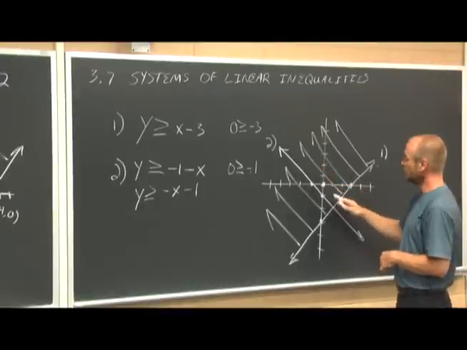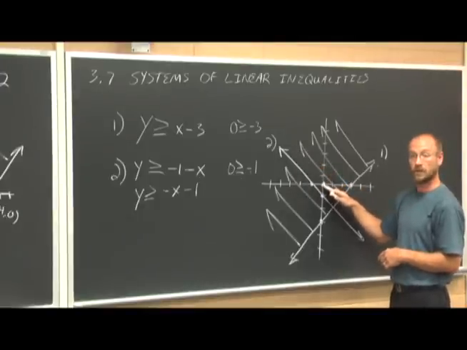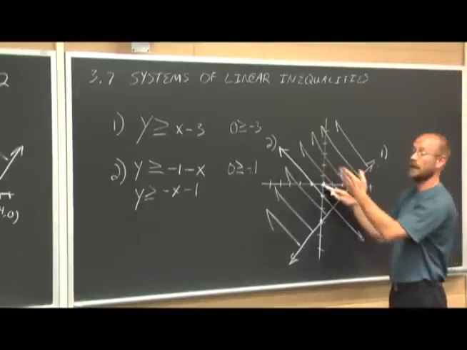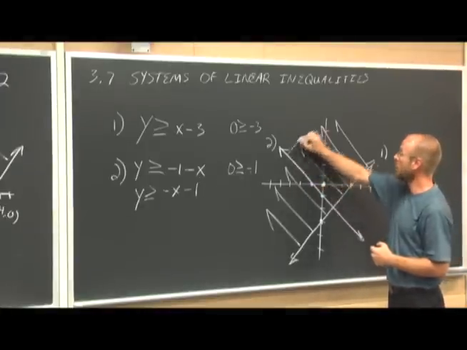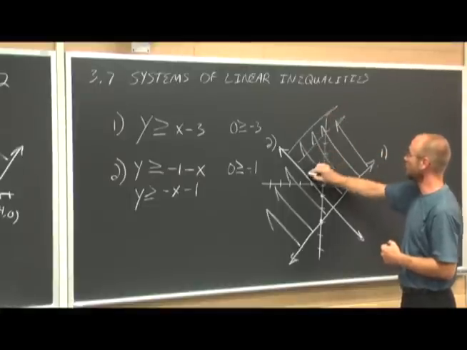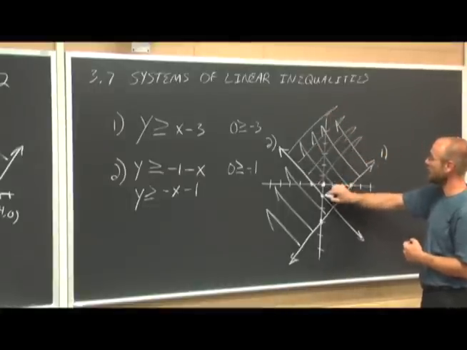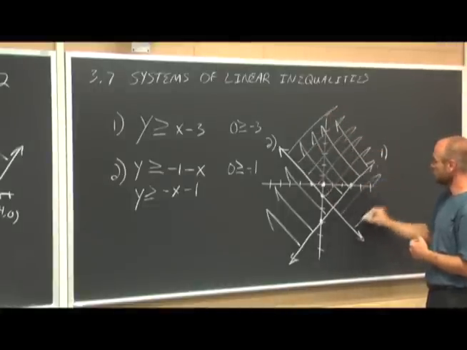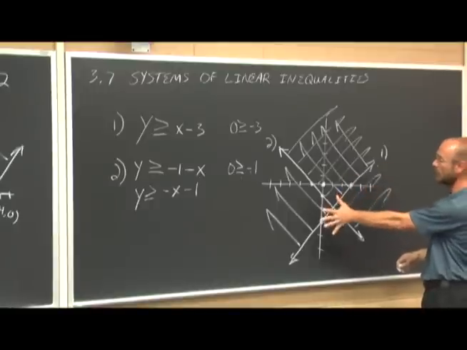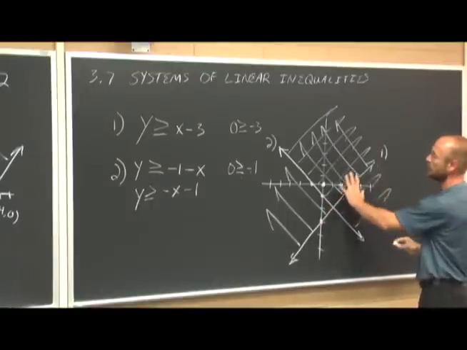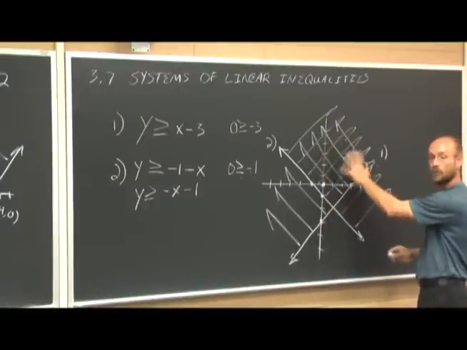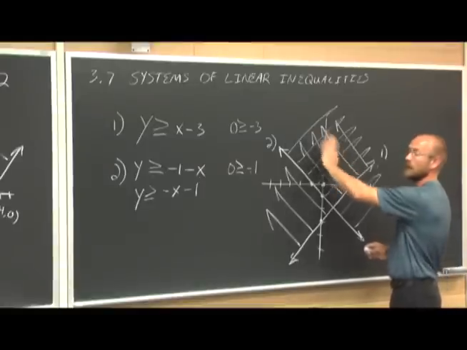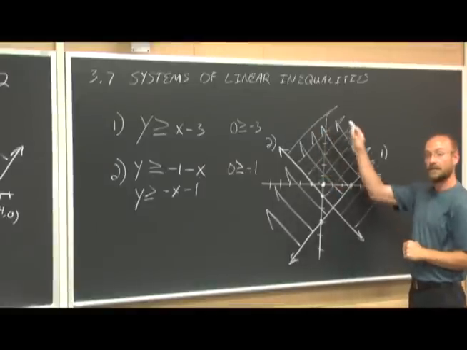So we know that this test point, (0, 0), is on this side of the line, and it made a true statement. So I'm going to draw my arrows that show the area for that line that is true. And the reason why I do the lines like this instead of shading is because then we can see a waffle pattern, or we can see where the lines cross. And that is the area of shading.